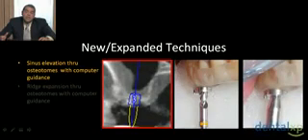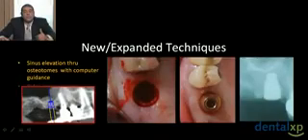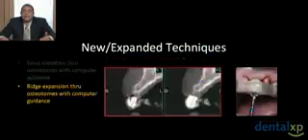And then I actually use the guide itself to guide not only my burrs, but the osteotomes themselves. And then I can very quickly and predictably perform the procedure of osteotoming the floor of the sinus, advancing my bone, and positioning and placing my implants. It turns a longer procedure into perhaps a total of a 10-minute procedure, very predictably.